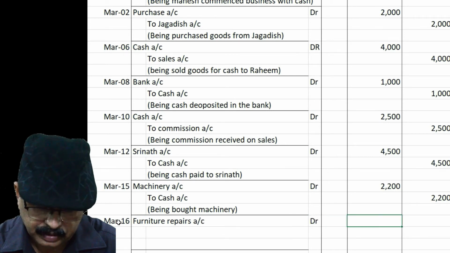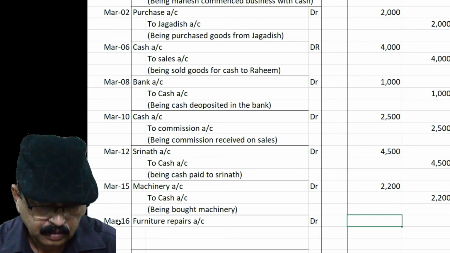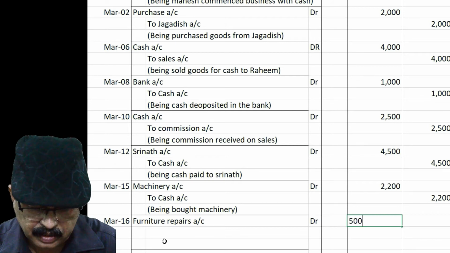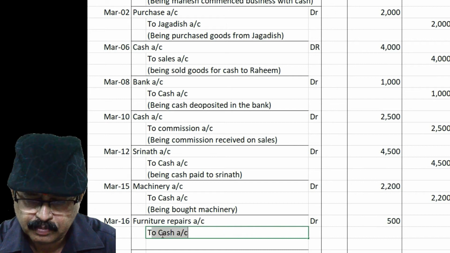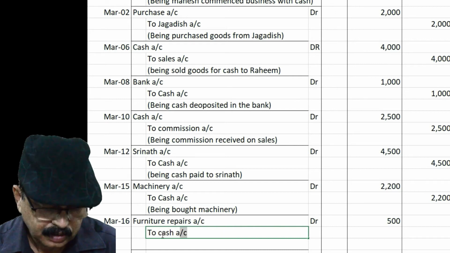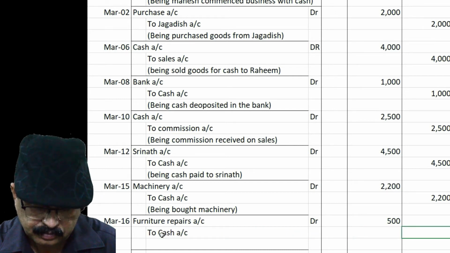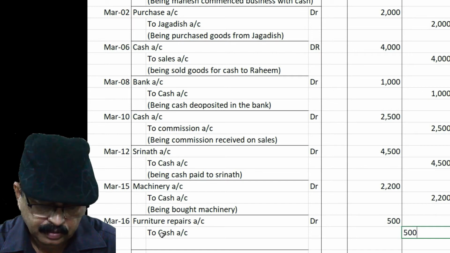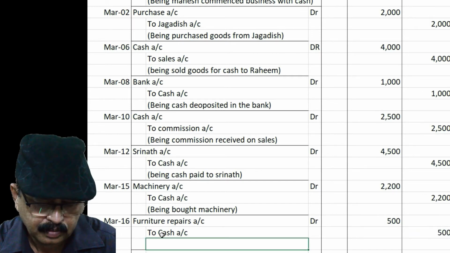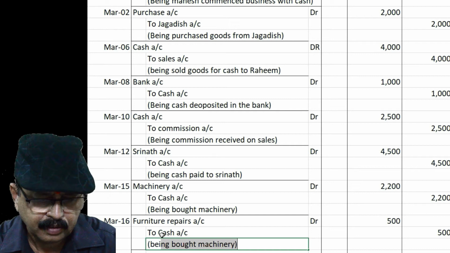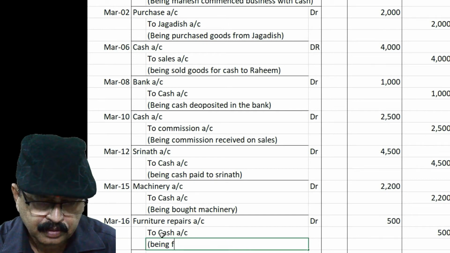To cash account, directly in the credit column 500. Narration being furniture repairs, close.